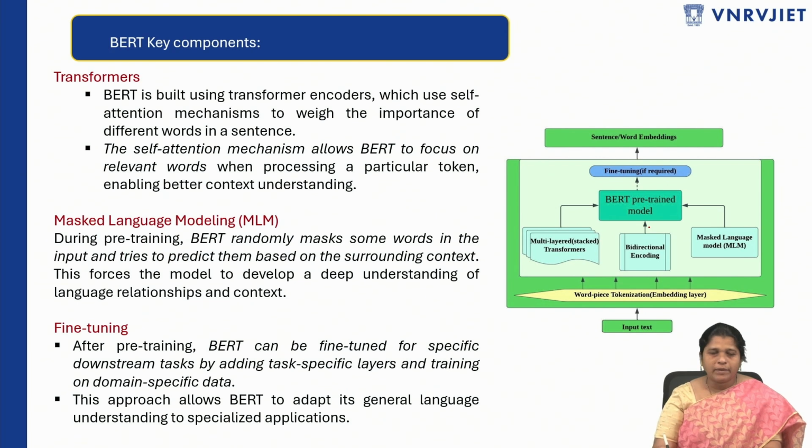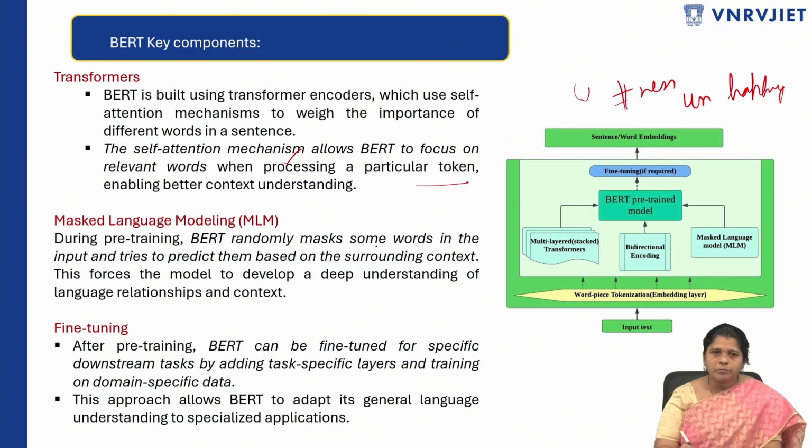So these transformers will now use a self-attention mechanism that will allow BERT to focus on the relevant words when processing a particular token. So on unhappiness, on ness, on unhappy, likewise, it will allow us to focus on those things.